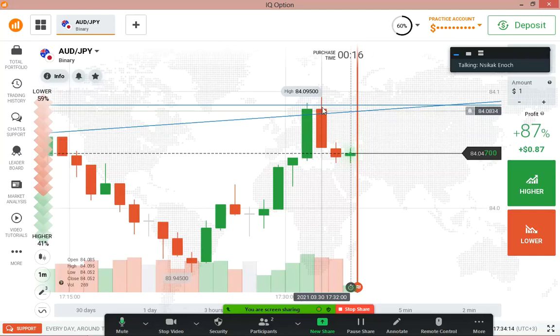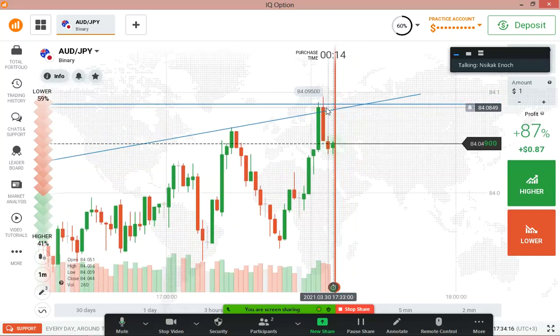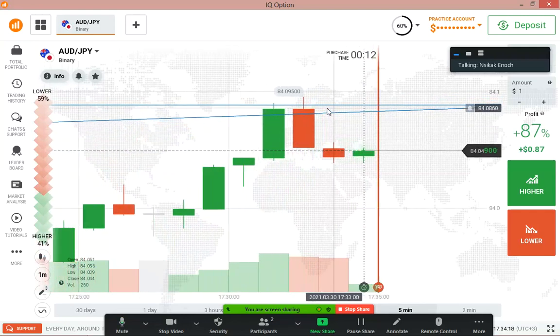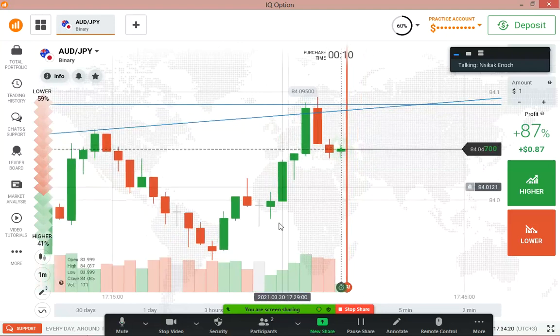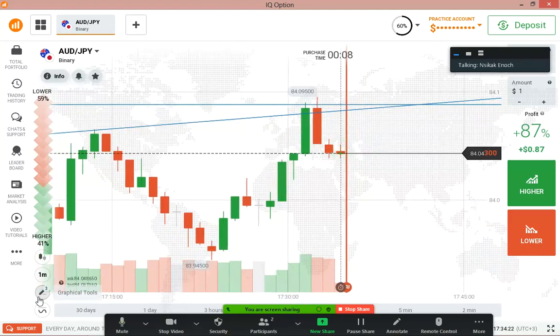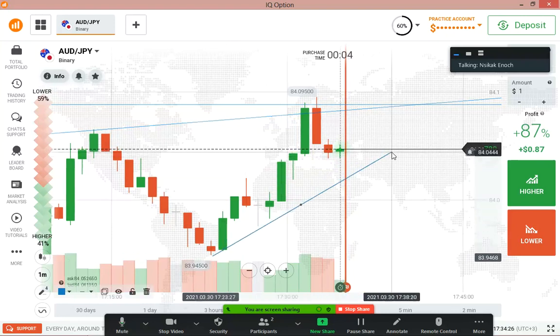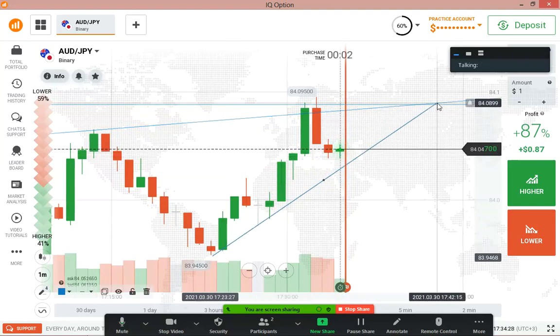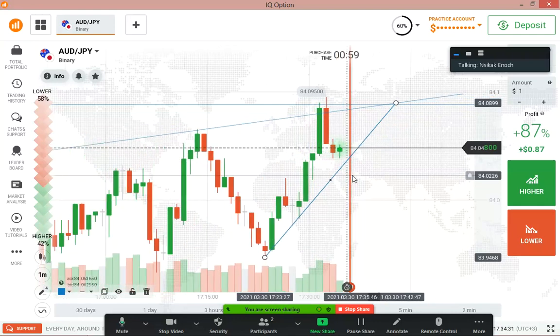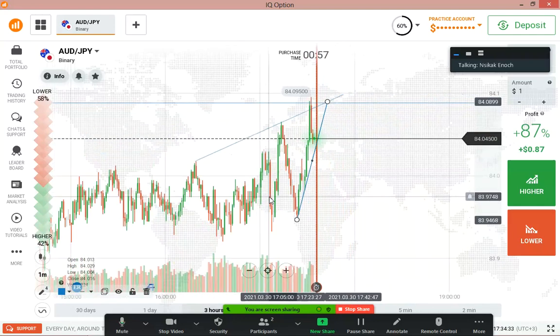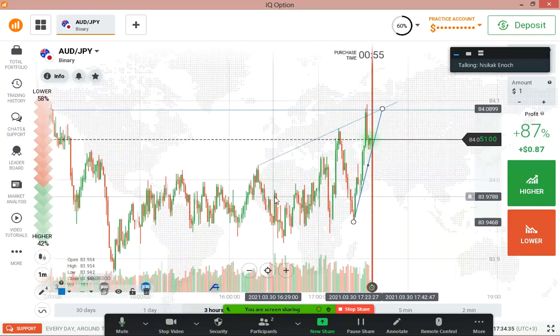So anytime the market makes this kind of formation, I should get ready to predict the next direction, the next candlestick. For instance, if I want to find the level where buyers will enter, again I have to draw a horizontal level where buyers entered.